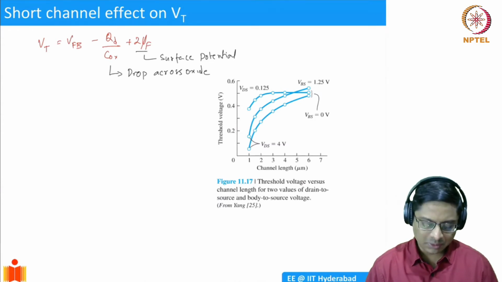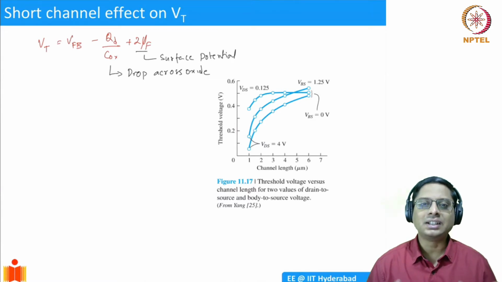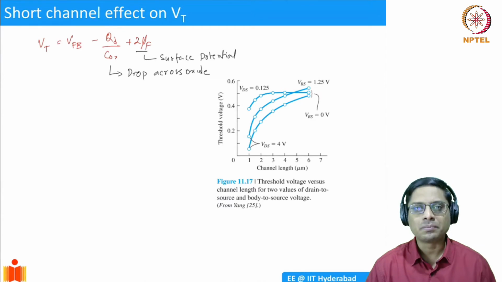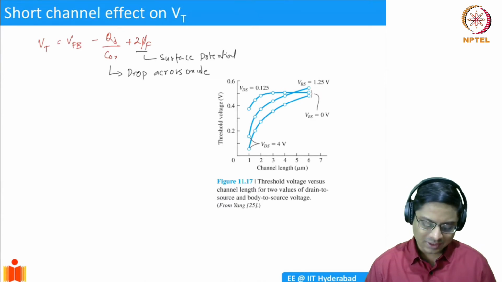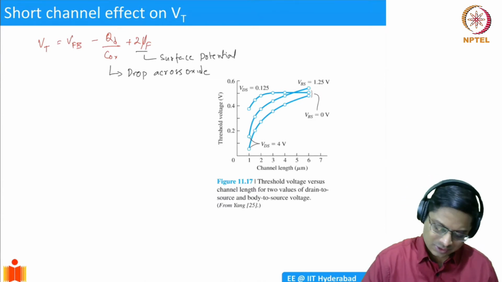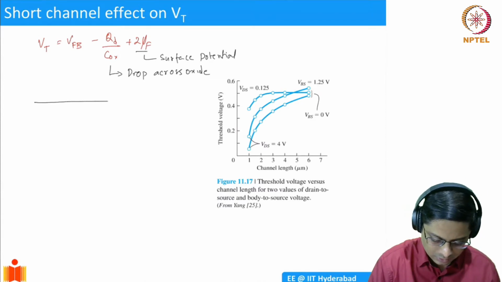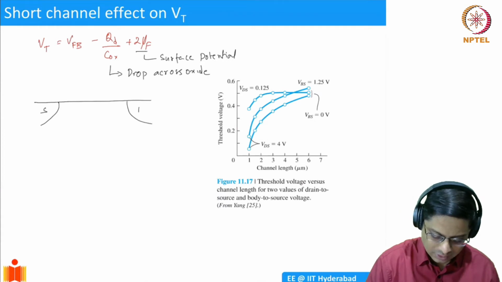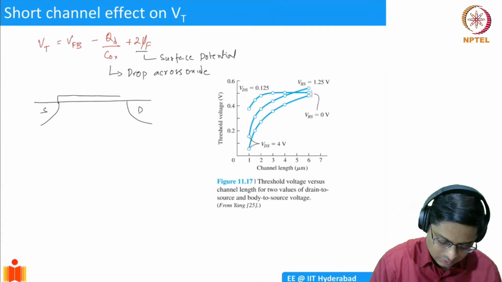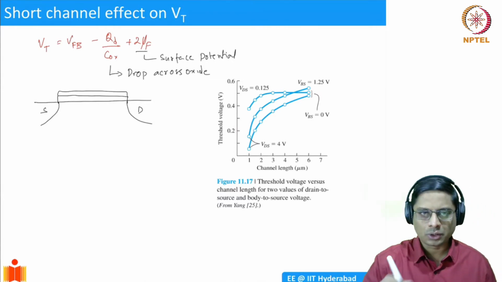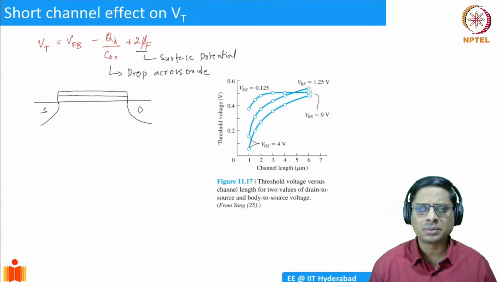If you look at this expression, do you think that there is any dependence of the channel length on the VT? To analyze that, let's just look at the structure of a MOSFET. You have the source and the drain, and then there is an oxide, and then there is a gate. If you look at it from the gate to the substrate, it's simply a MOS cap.